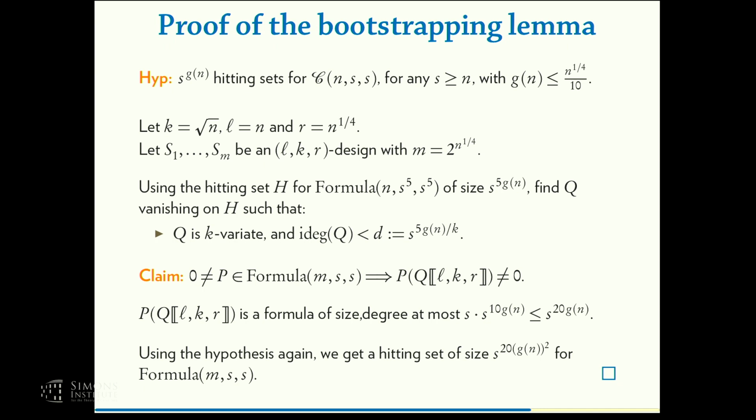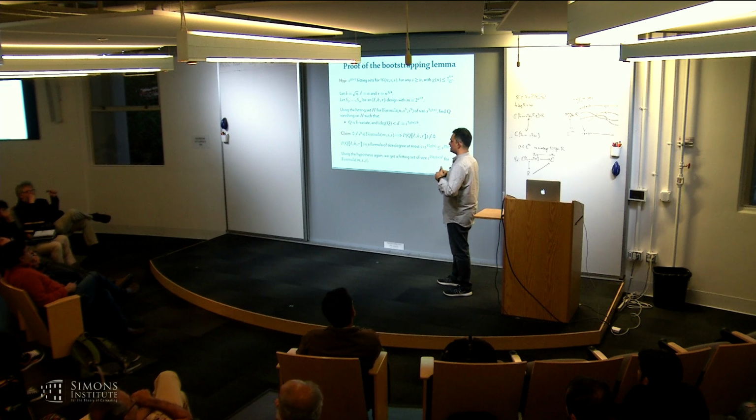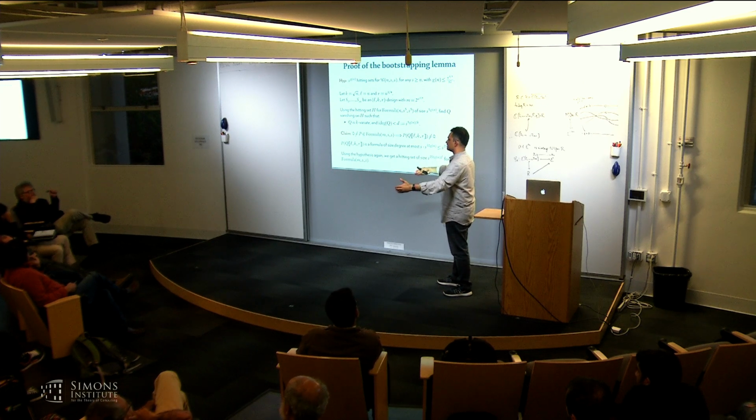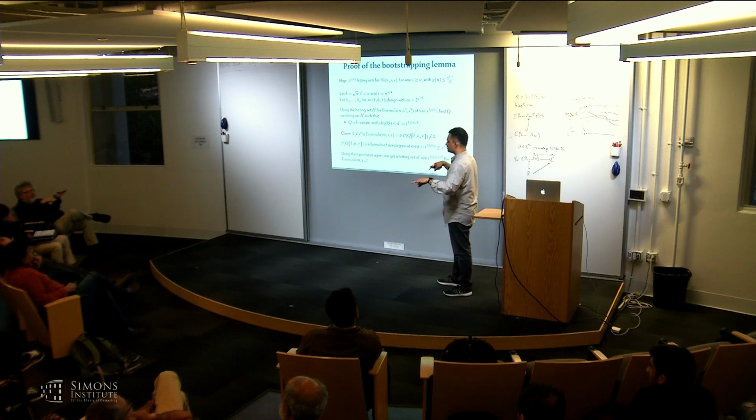Okay. So do you actually need to construct q to get the hitting set? Yes, because for this to be explicit, I need to say what the hitting set is for the new guy. So I need to plug in q on all inputs. Yes.